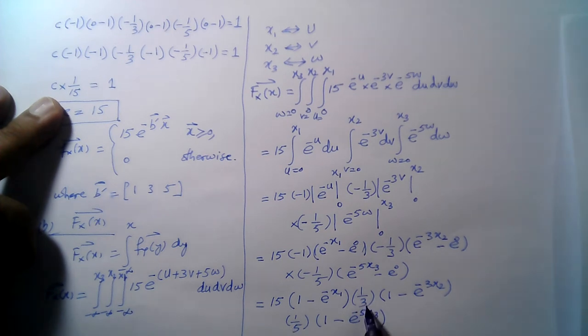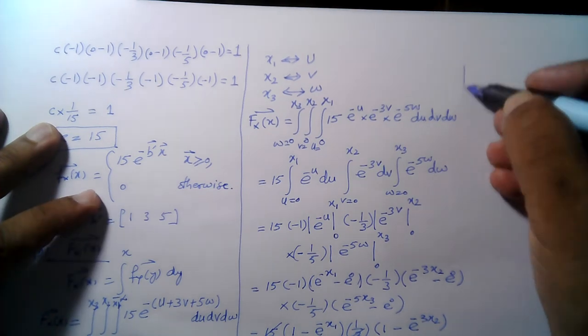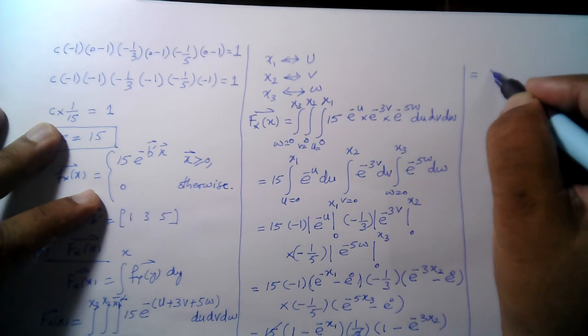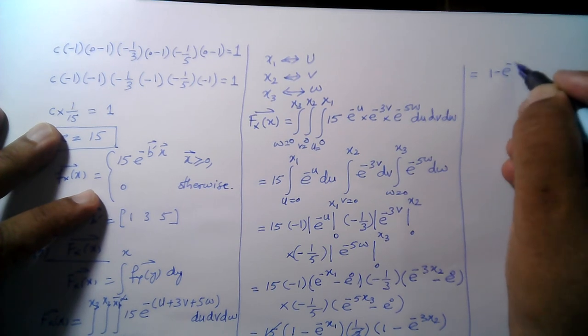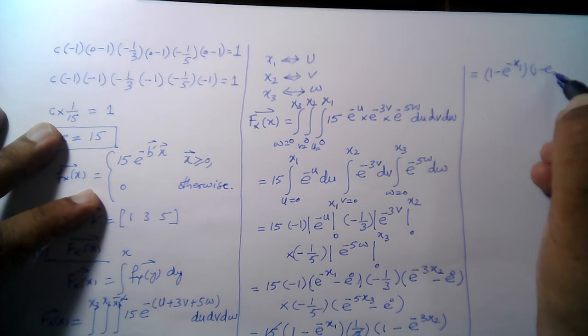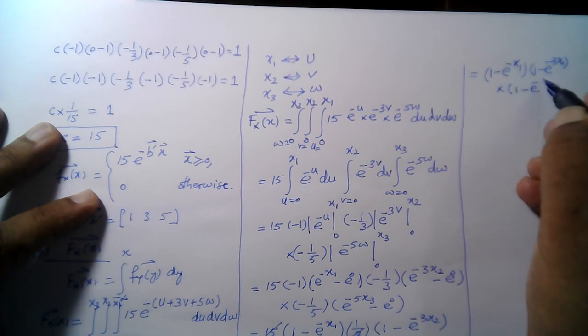This should be 1 over 15. This will cancel out with this, right? So we are left with this expression: 1 minus e raised to power minus x1, and 1 minus e raised to power minus 3x2, multiplied by 1 minus e raised to power minus 5x3, right?